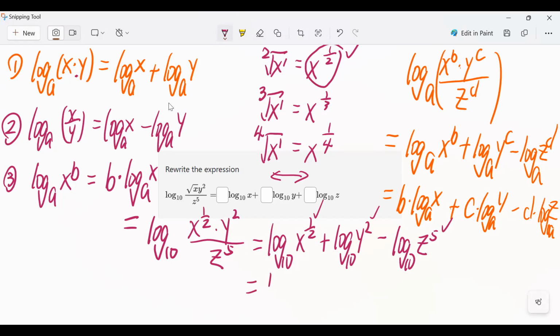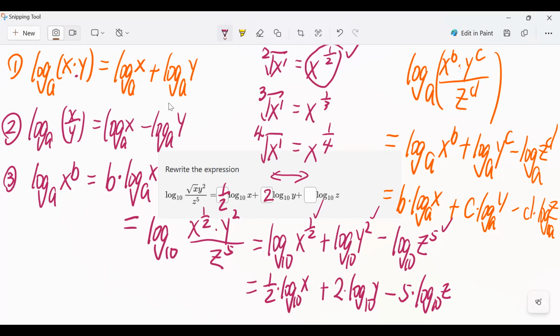So half goes in the front, that's half log 10 x, plus 2 goes in the front, 2 log 10 y, and then this one, 5 goes in front, log 10 z. So half goes here, this 2 goes here, and minus 5 goes here.